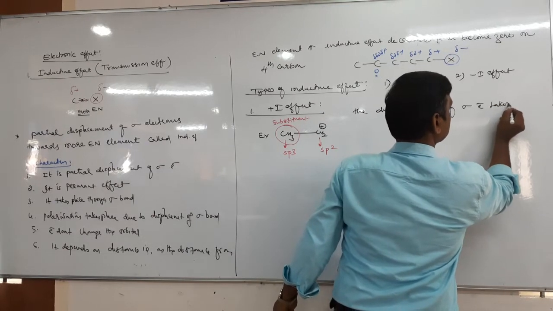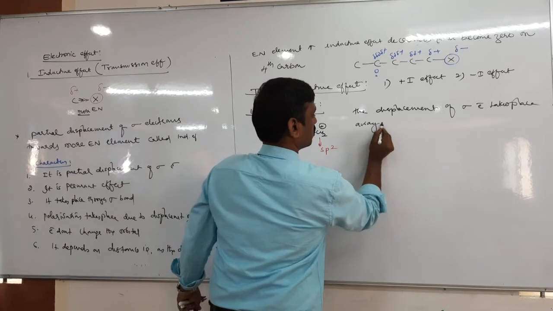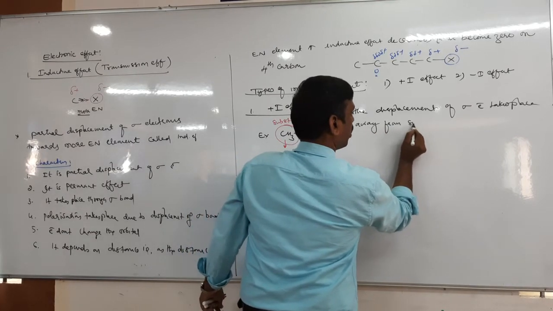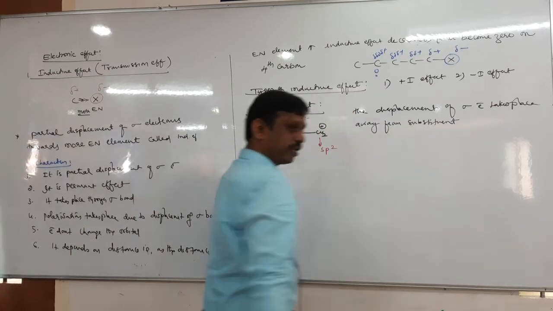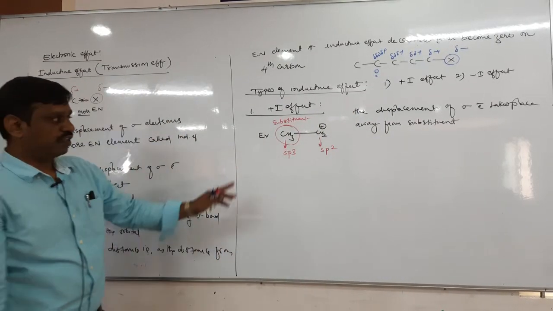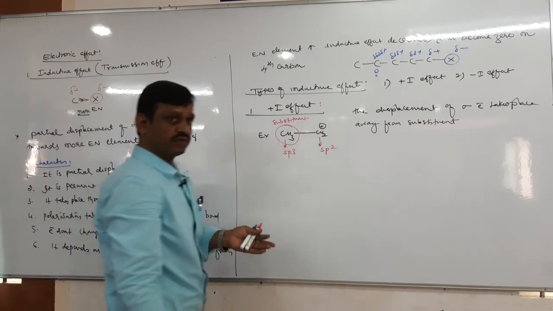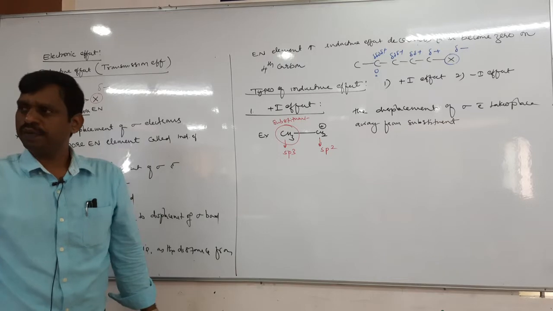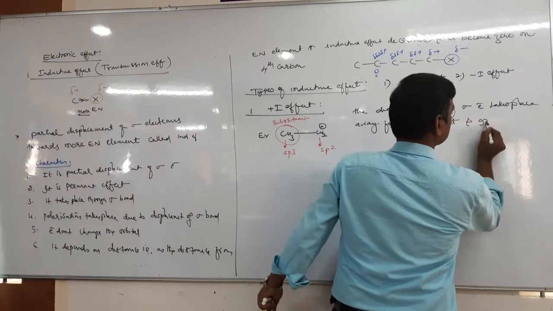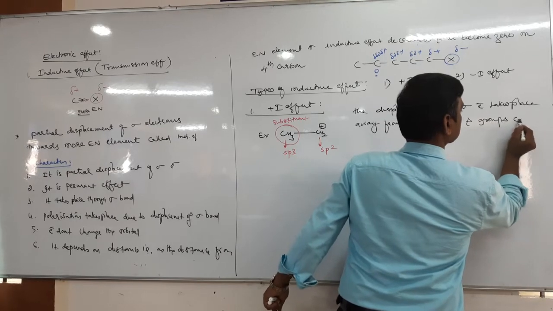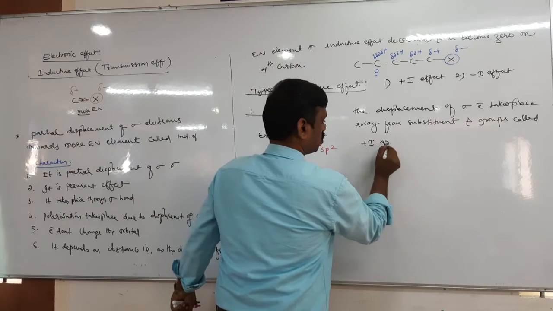Therefore, if the displacement of sigma electron takes place away from the substituent, which is called plus I effect, and groups are called plus I groups.